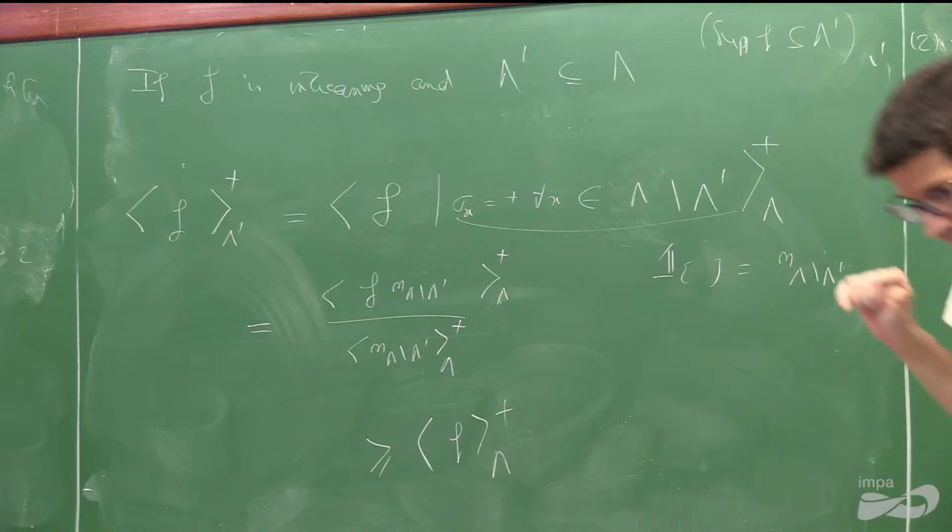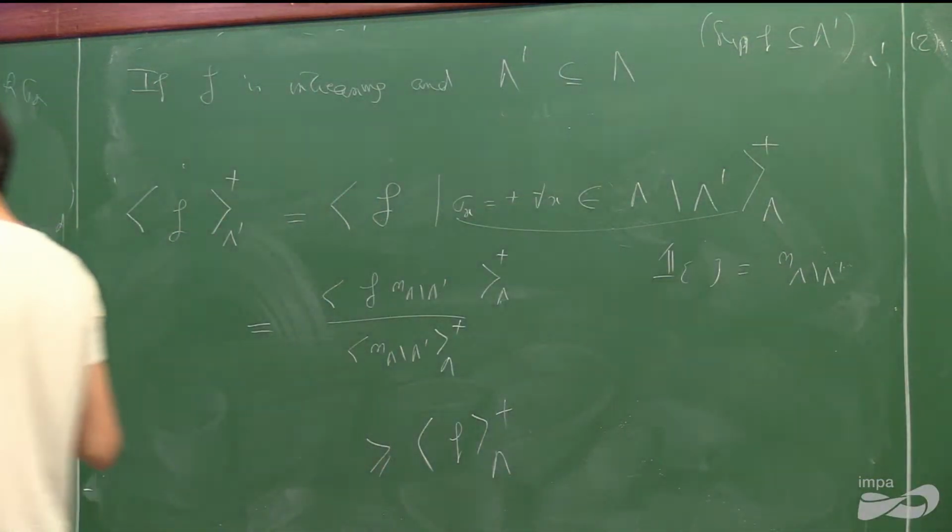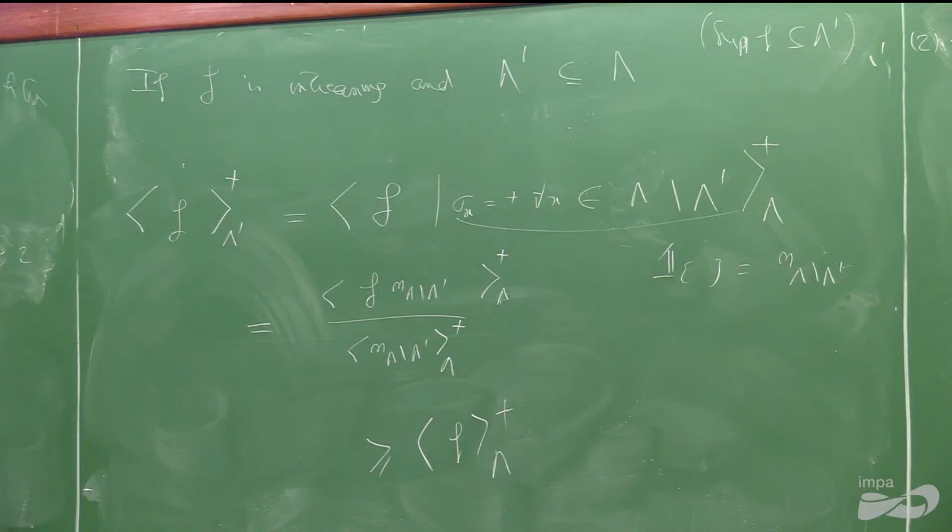Okay, so the Markov property tells you that the Ising measure in the smaller box is the Ising measure in the larger box, but conditioned on an increasing event.